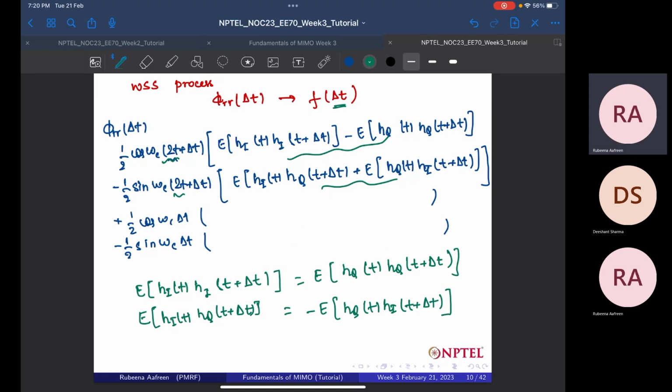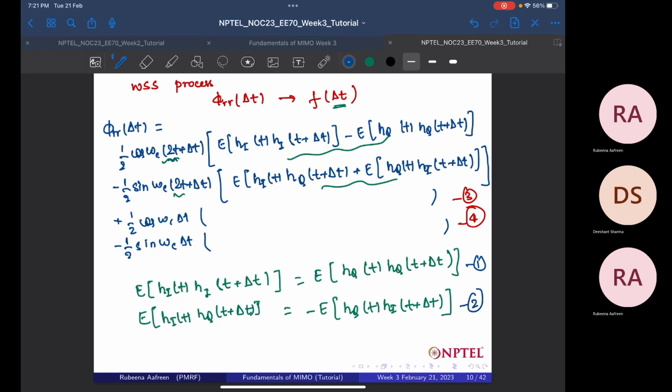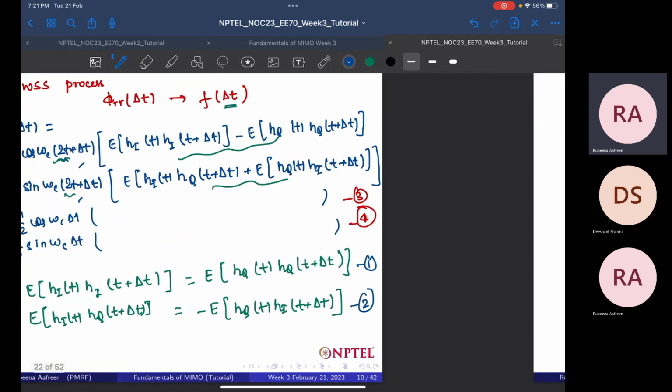Now we take both of these. This is suppose 1 and 2, and we put them in equation 3 and 4. Now we put them in this equation. So in phi r delta t, these two terms would be 0 and the remaining would be these two terms. So just calculate it once.